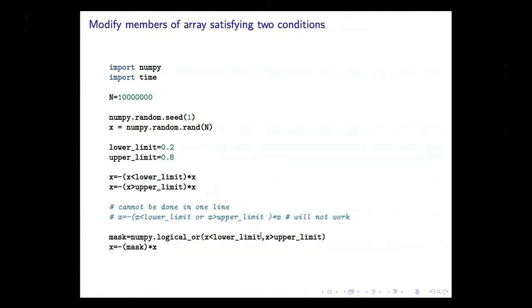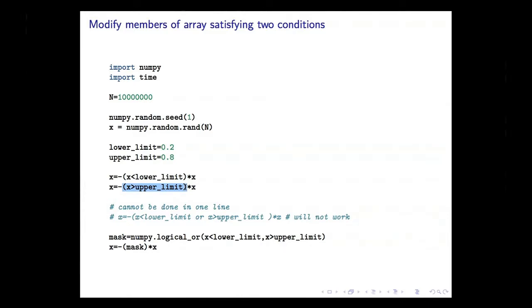And finally, what if I want to do something more complicated? What if, for example, I want to apply 2 conditions? What if I want to set all the members of x which are less than 0.2 to 0, and then set all the members of x which are greater than 0.8 to 0 as well? I could do what I did before twice, applying the first filter to x and then the second filter.